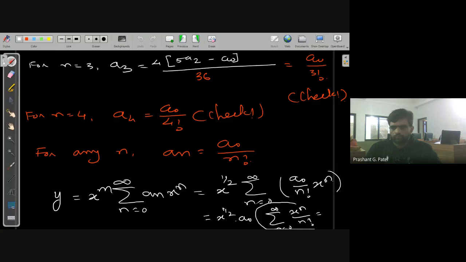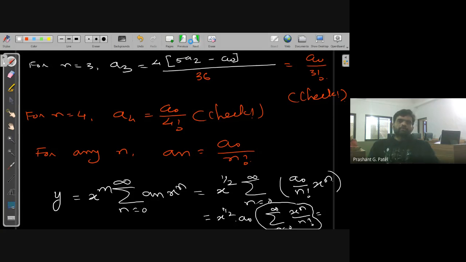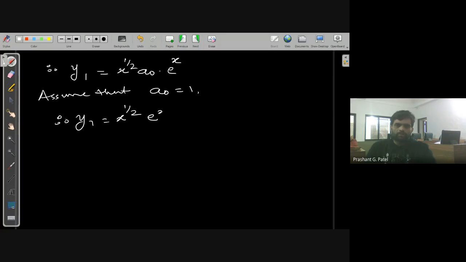Therefore, y1 will be x power 1 by 2 A0 into, what is this value? E raised to x. So this is the one solution, and we assume without loss of generality that A0 is 1. So therefore, we'll have the one solution will be x power 1 by 2 e power x.